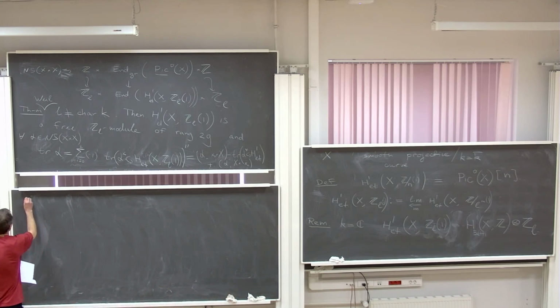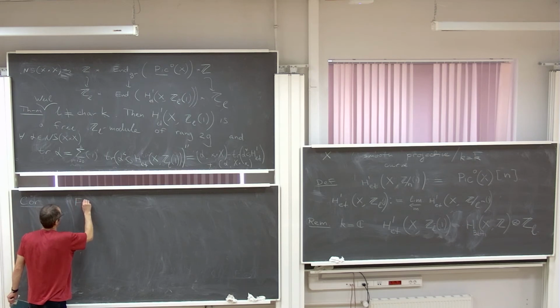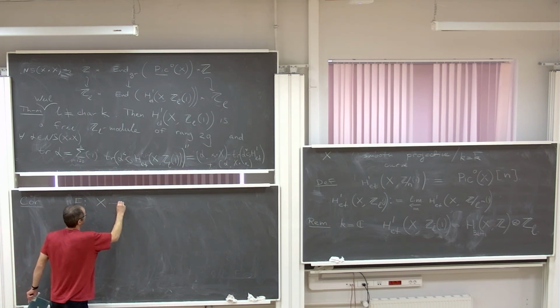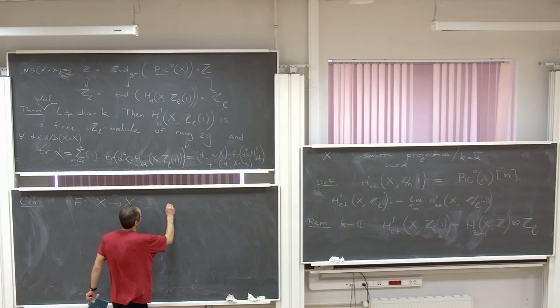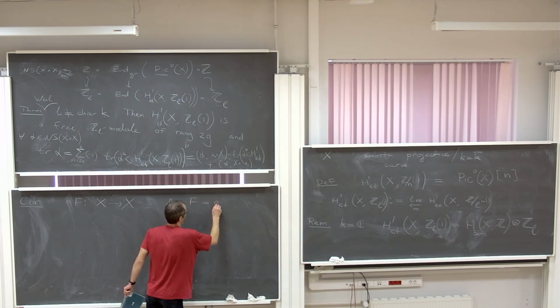So the corollary is the following. Suppose you have a finite map from the curve to itself, and its degree is some number q.